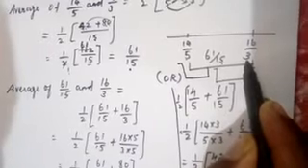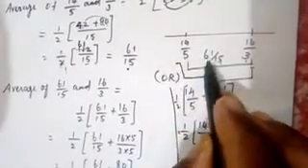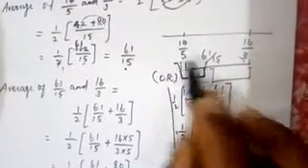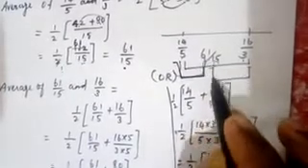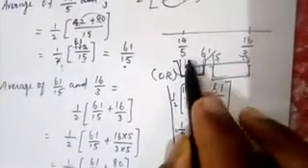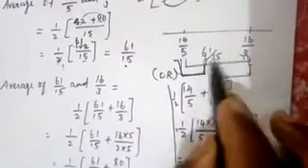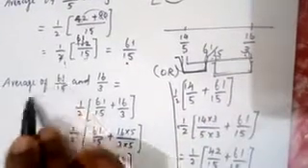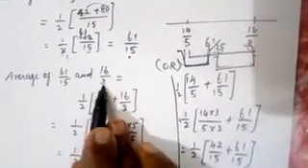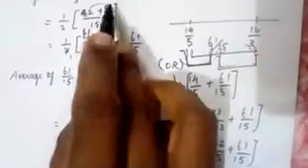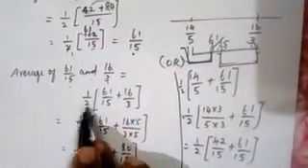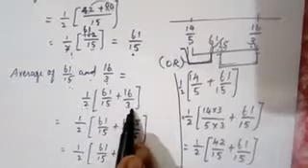So we have two methods: you can find the average between these two or the average of the other two. First we find the average of 61 by 15 and 16 by 3. We follow the same way: 1 by 2 into 61 by 15 plus 16 by 3.